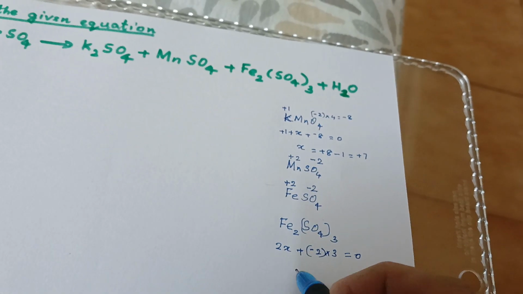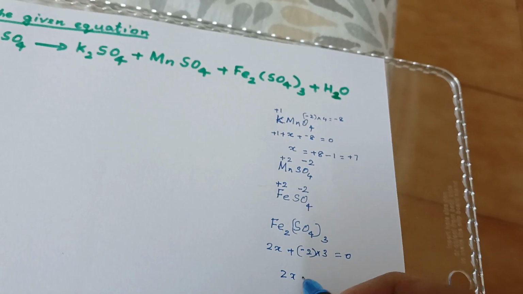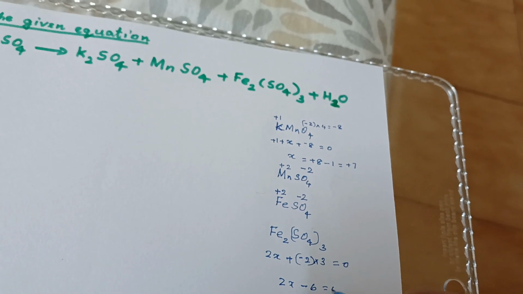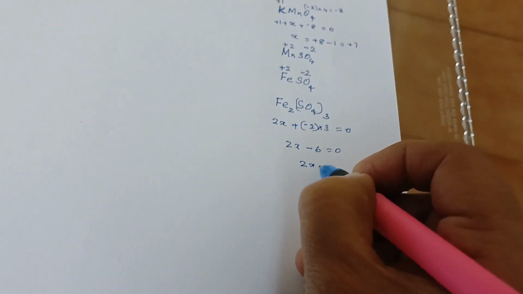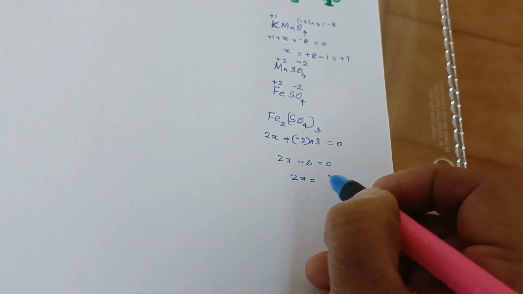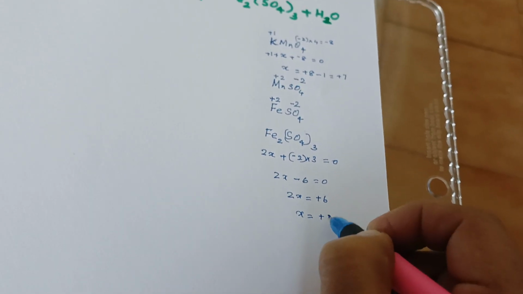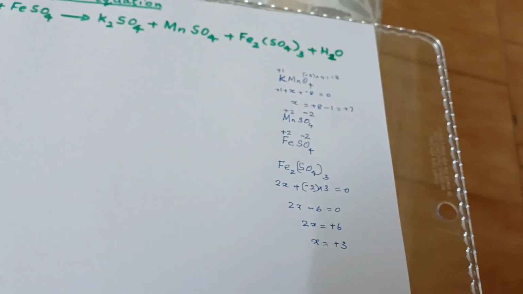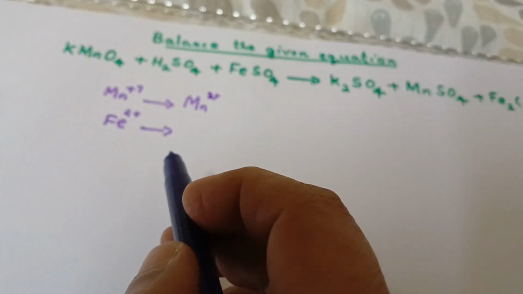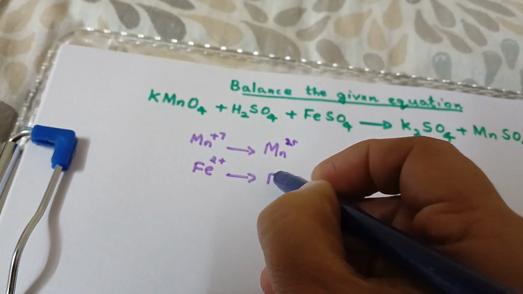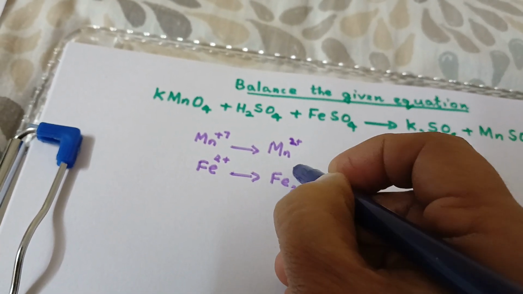No overall charge. So 2x minus 6 equals 0, 2x equals +6 and x is equal to +3. So Fe 2+ has changed to Fe 3+.